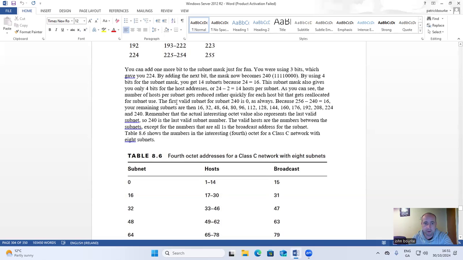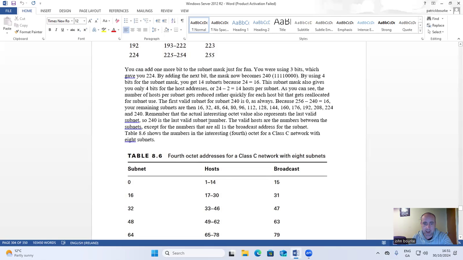As you can see, the number of hosts per subnet gets reduced rather quickly for each host bit that gets reallocated for subnet use. The first valid subnet for mask 240 is 0, as always, because 256 minus 240 equals 16. Your remaining subnets are then 16, 32, 48, 64, 80, 96, 112, 128, 144, 160, 176, 192, 208, 224, and 240.